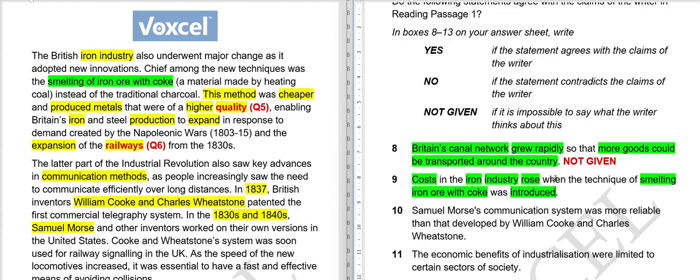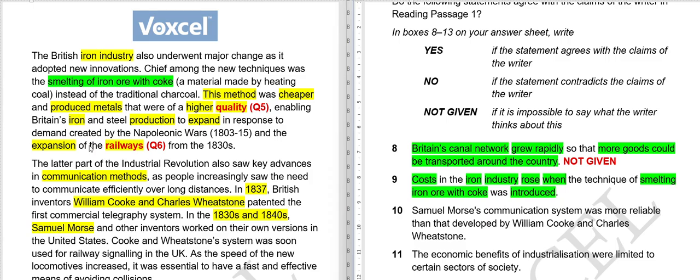So when this technique was introduced, the prices increased. So if this is the case, we'll say yes. But if this is not the case, let's say prices decreased or they remained the same, we'll say no. And if we don't have any information regarding this, we'll say not given.